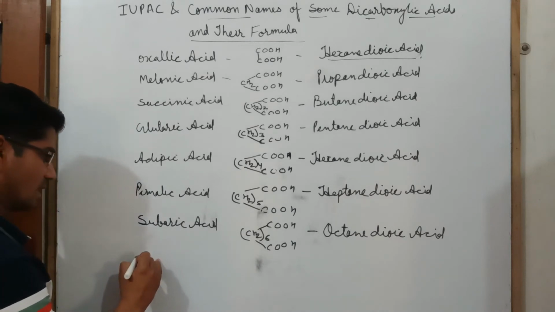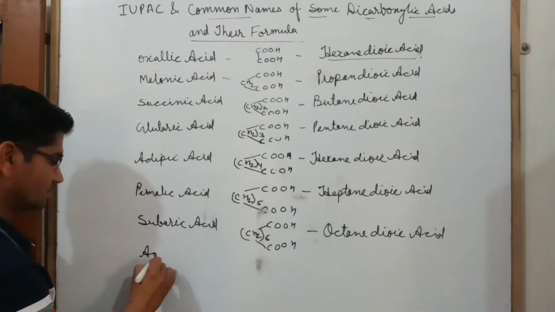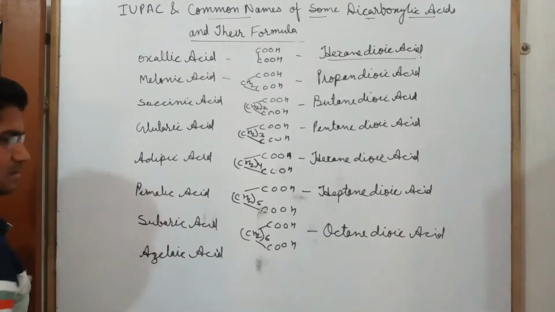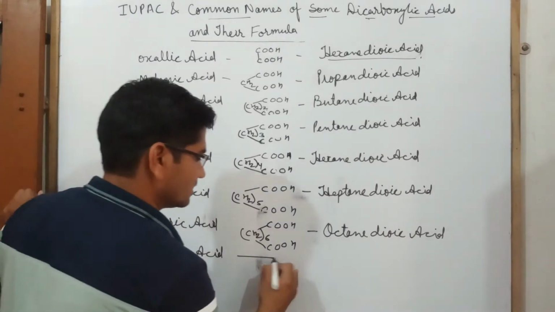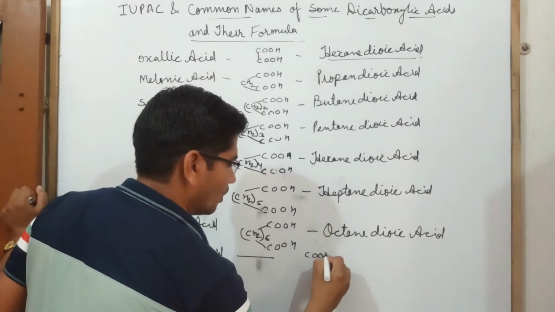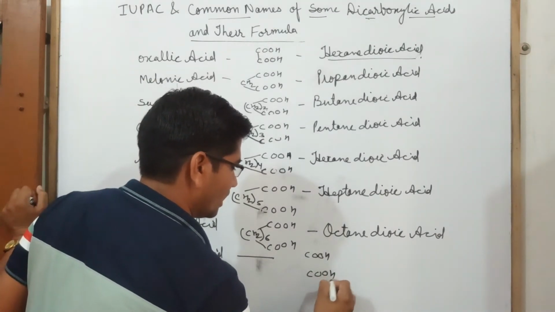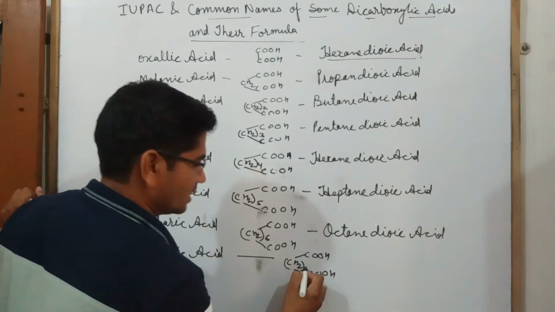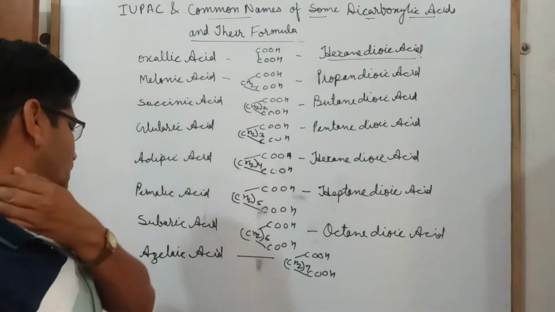Next one is azelaic acid. The structure of azelaic acid is COOH, COOH and CH2. How many CH2? 6, then here 7 CH2. Okay.